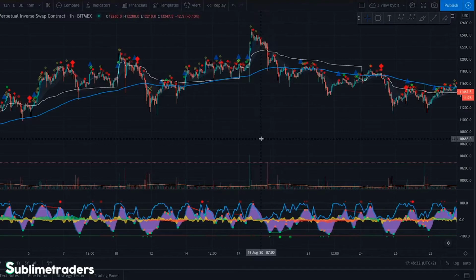Now we have the classic short. We have a red cross. This is a bearish indicator, and it usually is followed by a downward price action. We also have the blue triangles. The blue triangles mean that the trend is reversing.